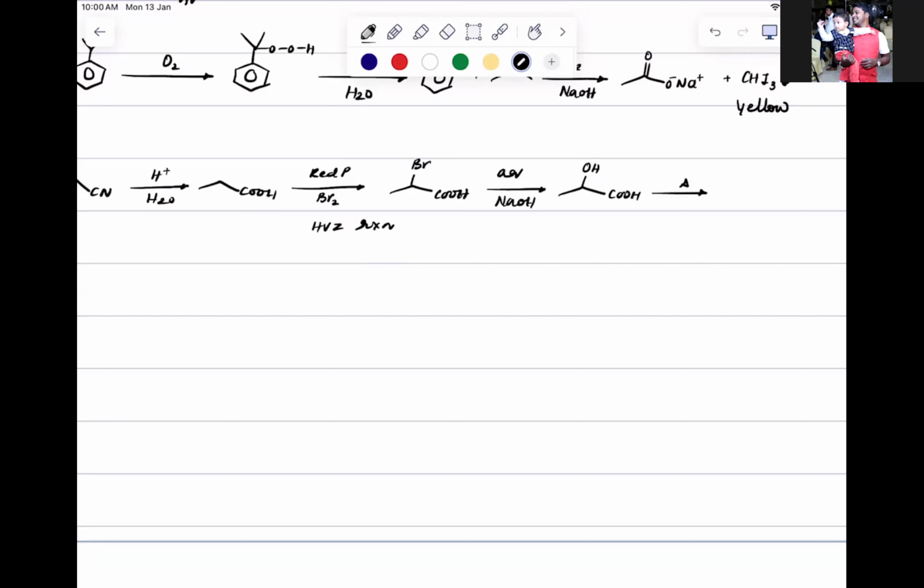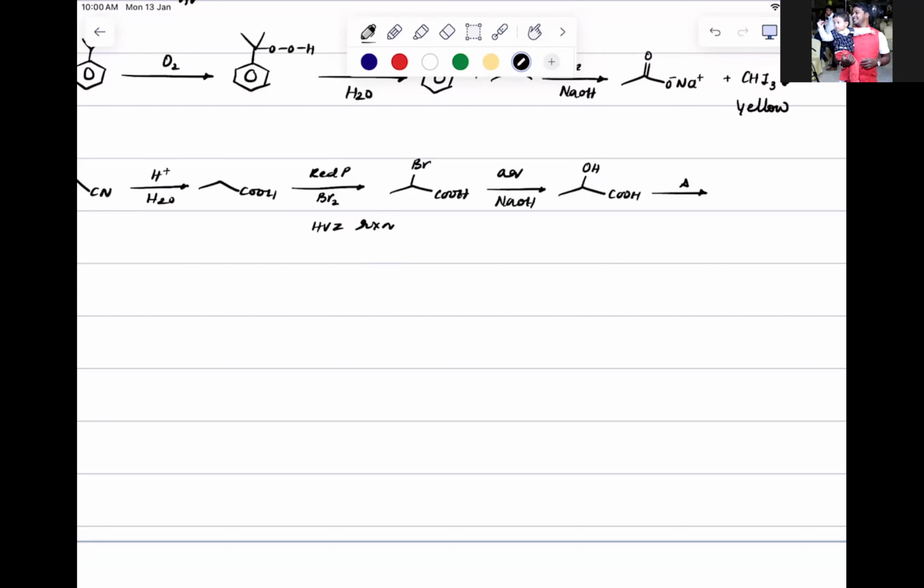Then NaNO2 with HCl will make a diazonium salt, N2 plus and Br here, followed by H3PO2, which removes the diazonium group, leaving Br here. That's it. This is the product formed.